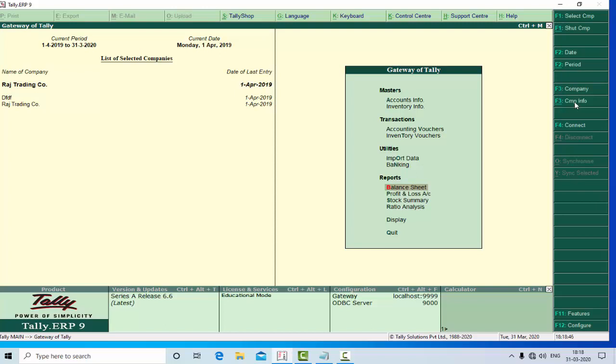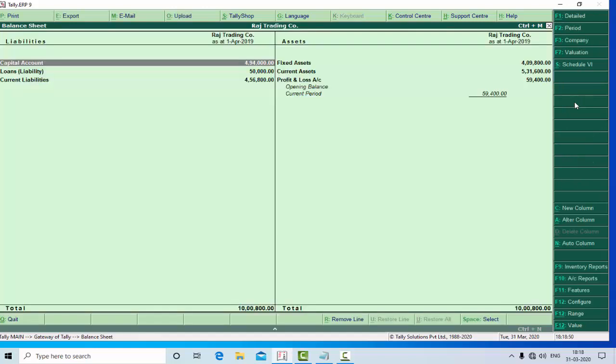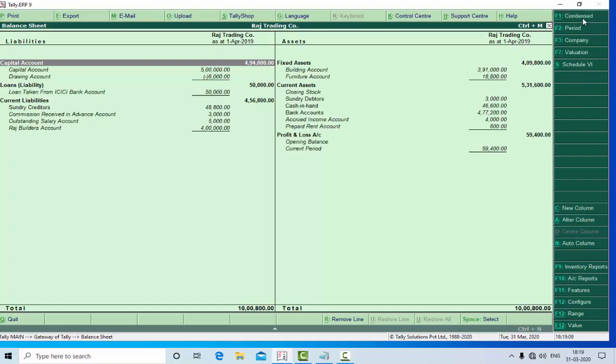First, you can see the balance sheet. This will show the balance sheet, means all assets of your business and all liabilities of your business, all liabilities on the left hand side and all assets on the right hand side, group wise. And if you want to see the detail account wise, then press Alt F1.